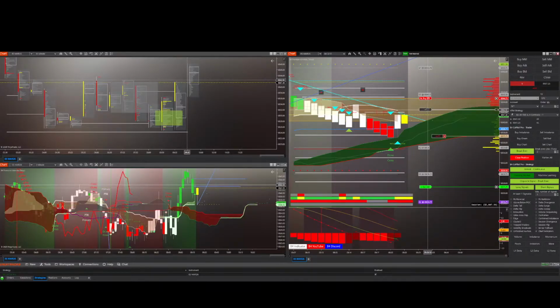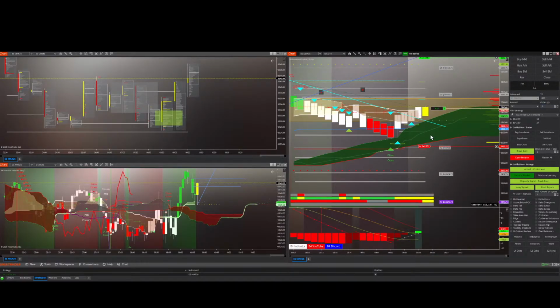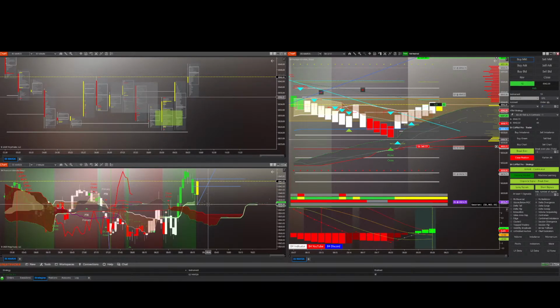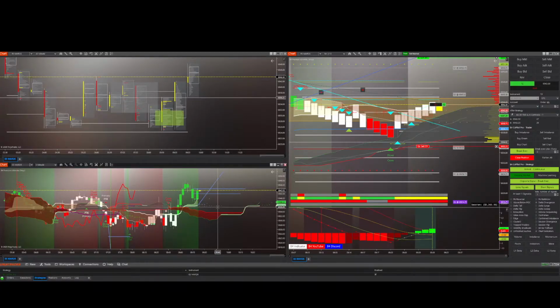I'm going to minimize this. Stop filled. Order filled. Order filled. Because I think it's holding true to my little analysis here.